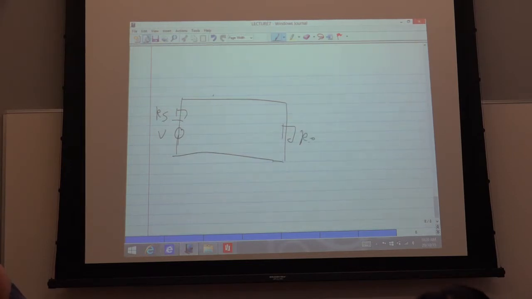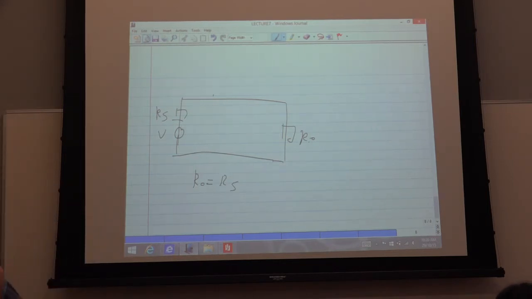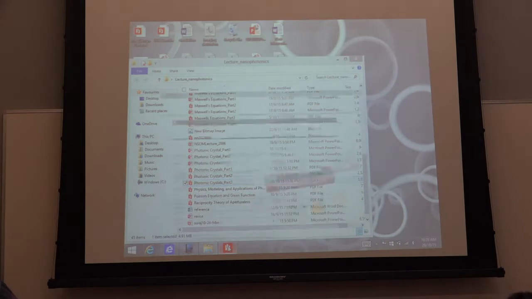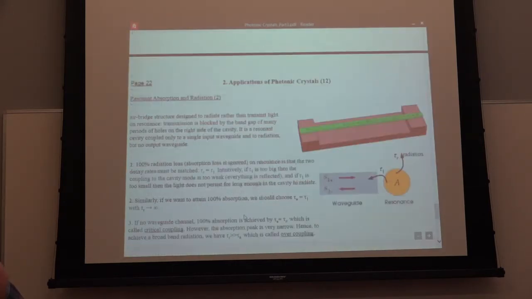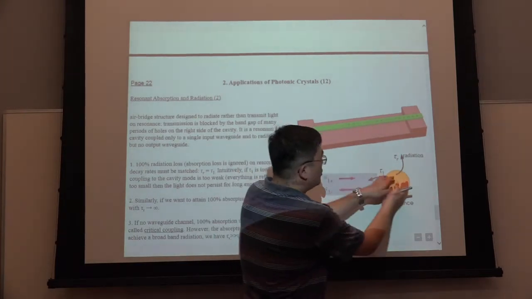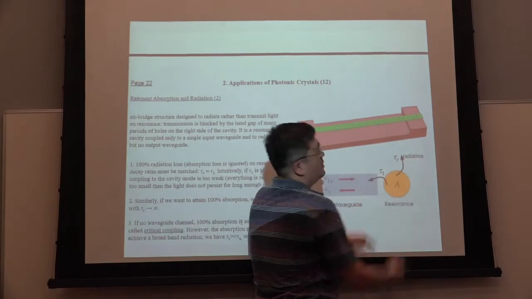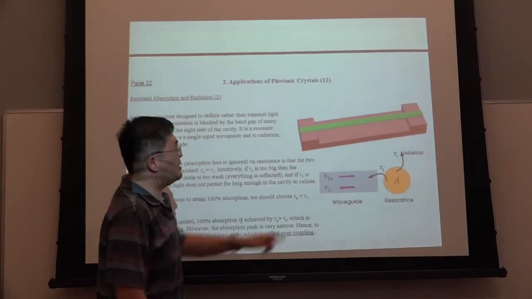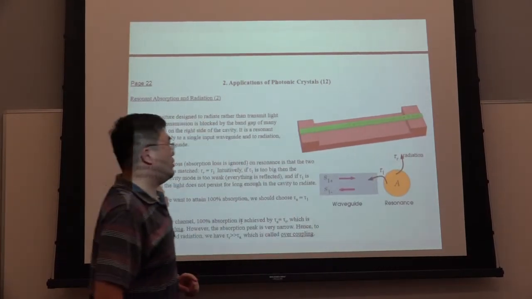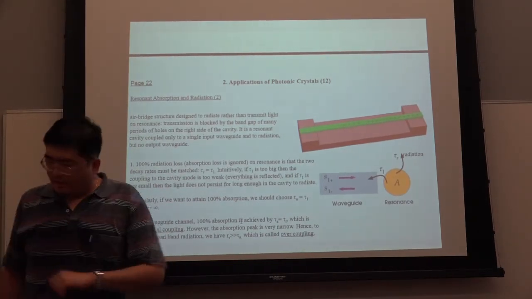How to achieve the maximum power? R equal to Rs, right? You learned this, right? It's similar to that. These channels will balance each other. I mean, why this has a 100% radiation: this cavity couples to this waveguide, and the waveguide couples to this outside. This transition can be 100%. One is tau r equal to tau 1.